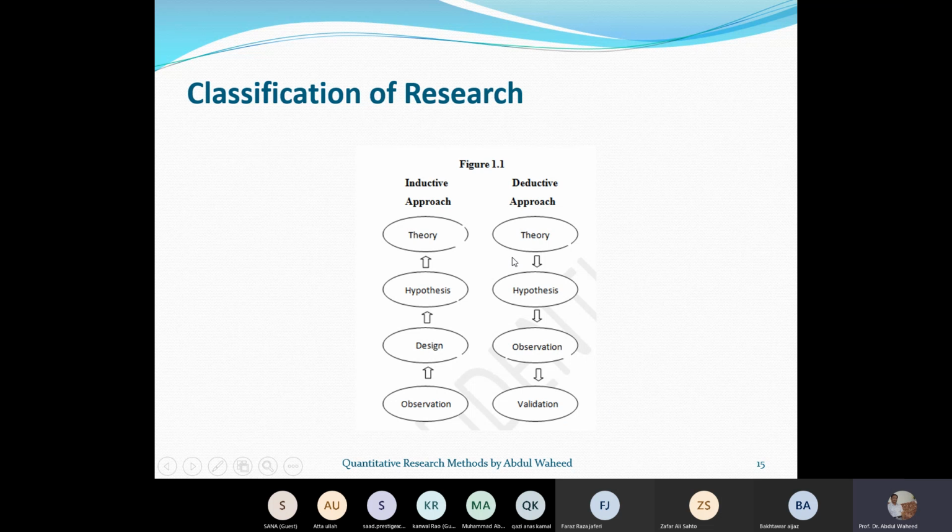So this is the deductive approach. We start from a theory, but in the inductive approach we start from observation and then come up with a theory. So it is difficult to create a new theory. But this is easy, that we have a theory, we get the data, and we just test the theory.